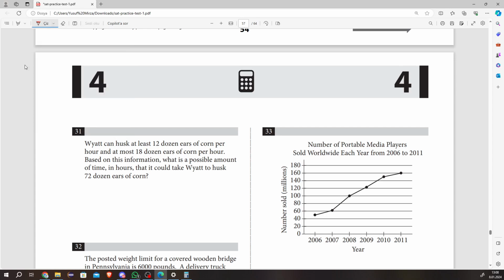We can have at least one hour and most per hour of time in the house. What's possible one time in the house? So if we look at the equation, at least 12 and 18 dozen.